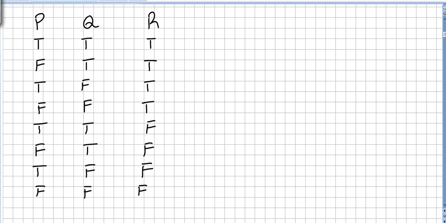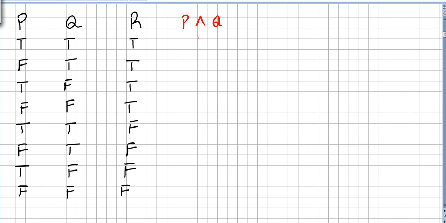Okay, let's do a table now for P and Q, for instance. So P and Q, so true, true, true, obviously true. False, since this one is false, this is false, right? True, false, so this is false.